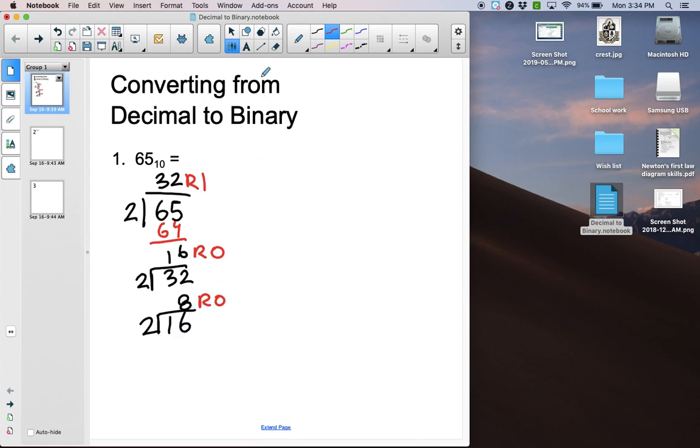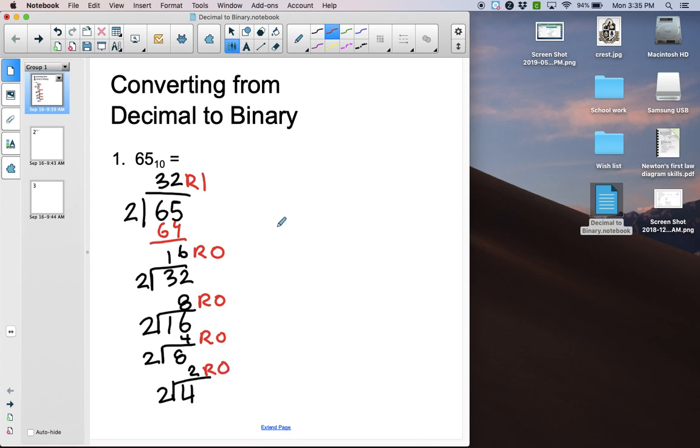Keep it going. 8 divided by 2 is 4, and we have a remainder of 0 again. 4 divided by 2 is 2, remainder 0.